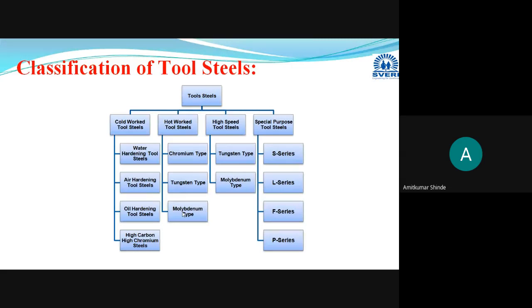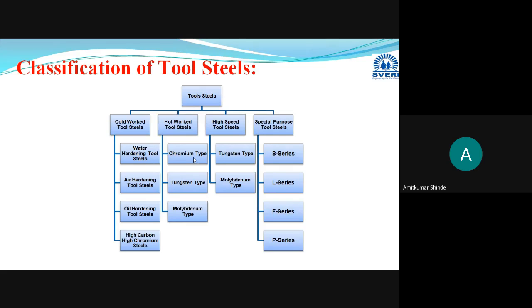Now depending on that principal alloying element, hot worked tool steels are classified in chromium type. Chromium type means here the principal alloying element will be chromium, means chromium will be present in the larger amount, means after the parent metal this chromium quantity will be more here. That's why it is termed as chromium type tool steel or chromium type hot worked tool steels also.